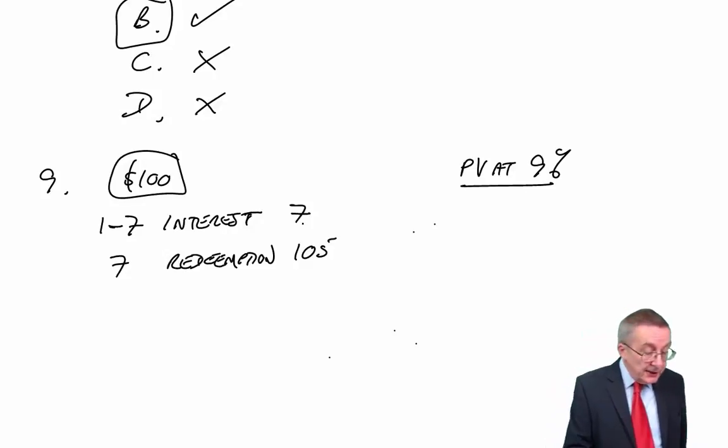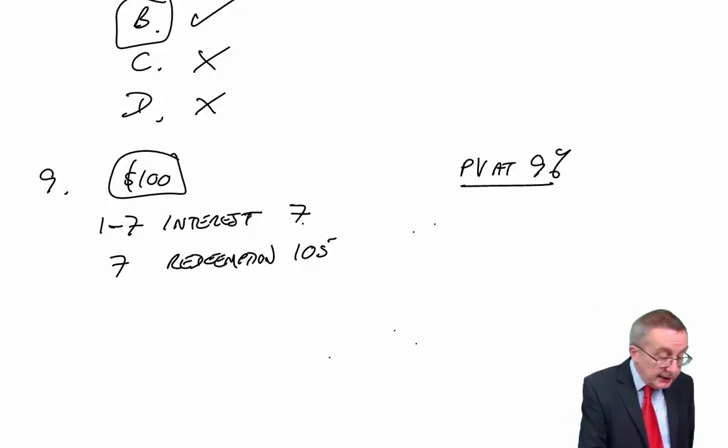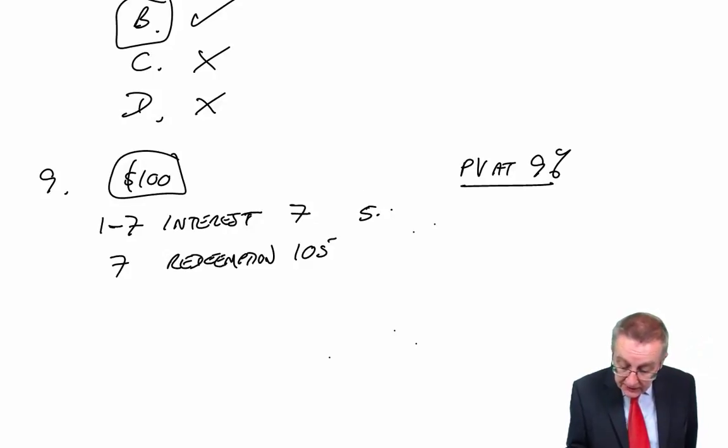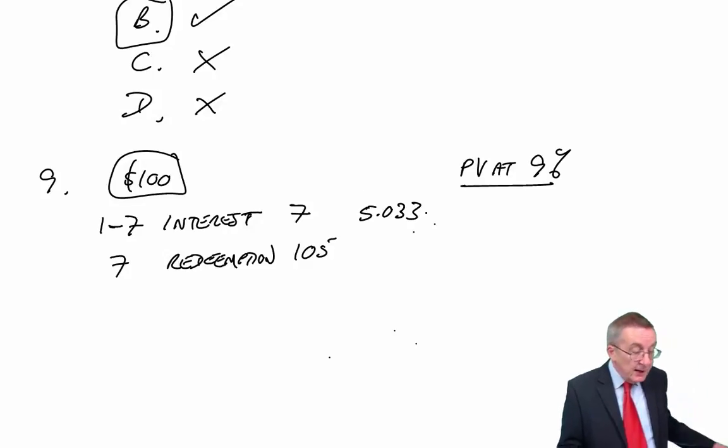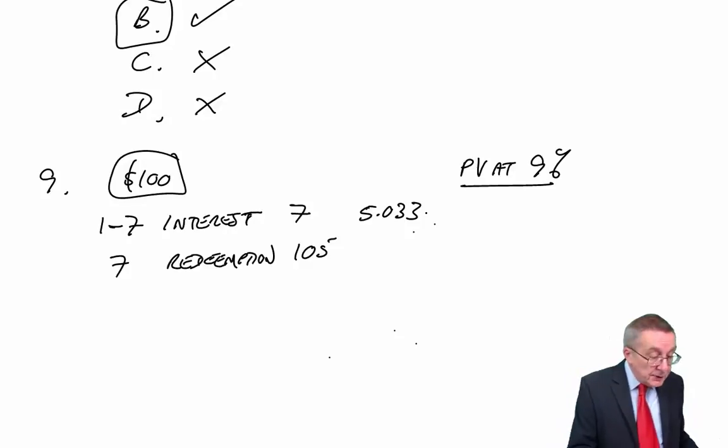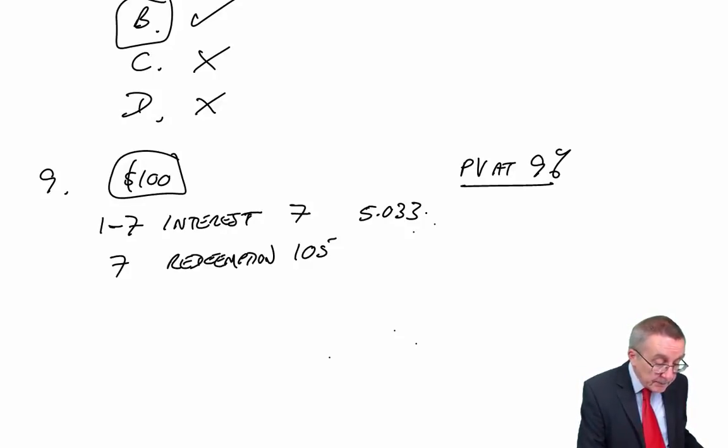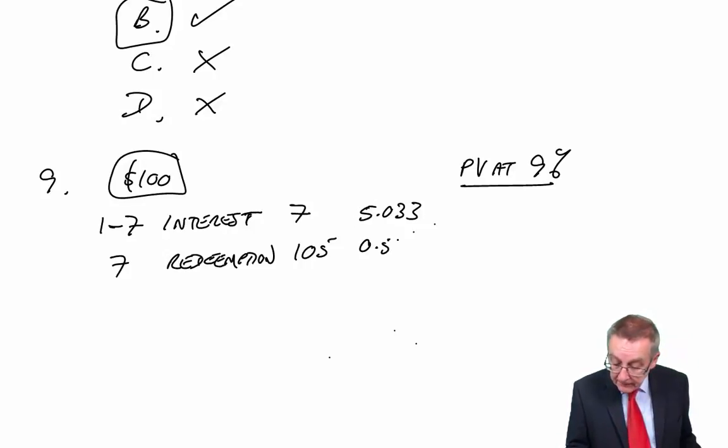Interest, 7 years at 9%. The 7-year annuity factor at 9% is 5.033. The redemption, the ordinary factor, 7 years at 9%, is 0.547.